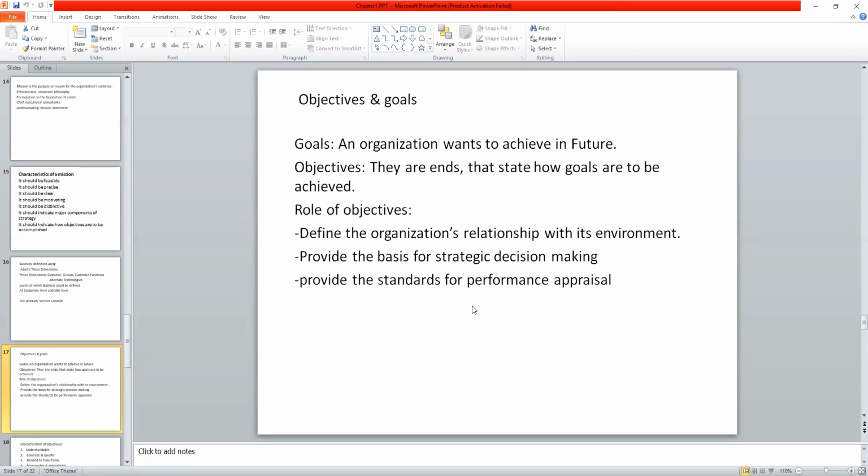Now, if the mission statement is like, by providing quality services, the company is going to get the customers satisfied, then maybe the objective would be to think about offering quality-based products, irrespective of price or without compromising on quality.